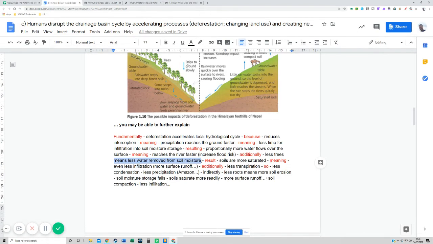So if the soils have got more water in them, it means they've less space to absorb any rainwater. And if you imagine the extreme where the soil is completely full of water, then there's no room for any more. So infiltration will stop, and then all the rainfall will become surface runoff.